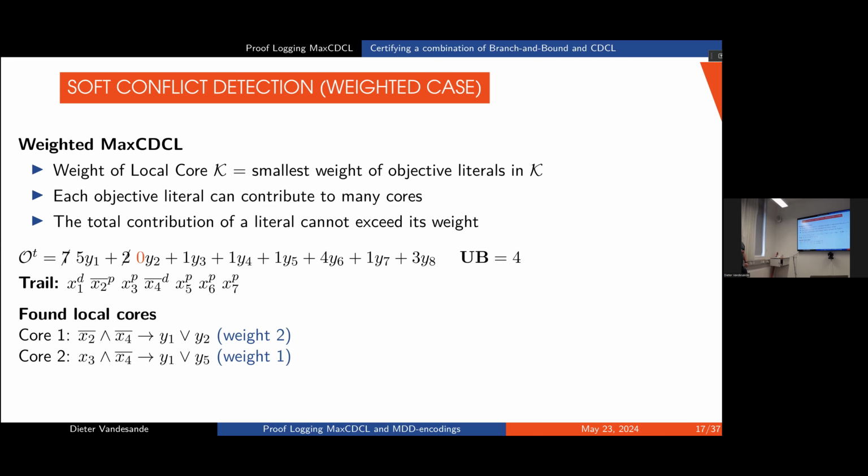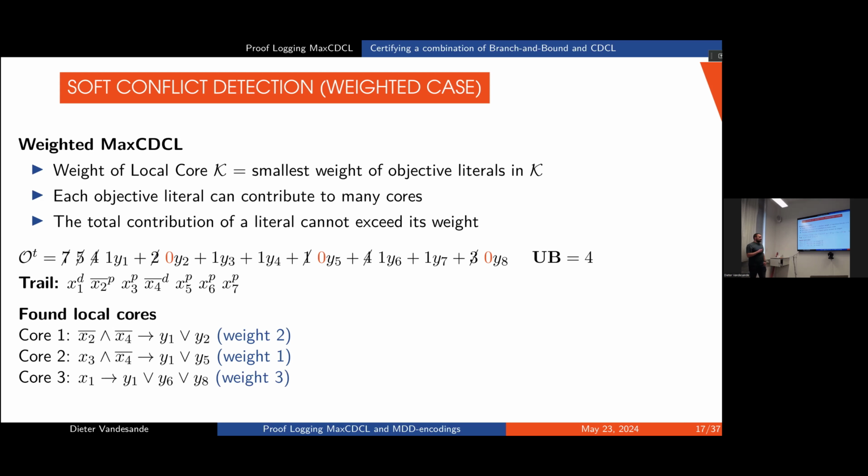And we continue, we do exactly the same. We find now that given the current partial assignment, y1 or y5 needs to be true. y5 has weight 1, y1 has weight 5, so the core has weight 1. So we update our temporary objective again. We do exactly the same thing. We find a new core with weight 3 now, and we say, 2 plus 1 plus 3, that's greater than or equal to 4.